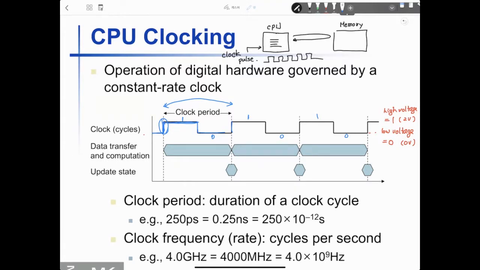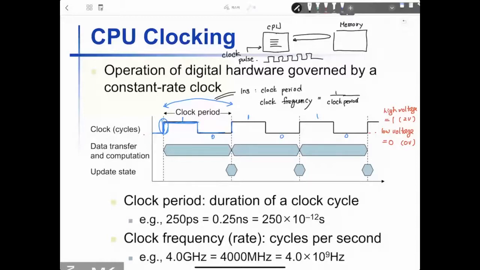Let's assume the clock period is 1 nanosecond.